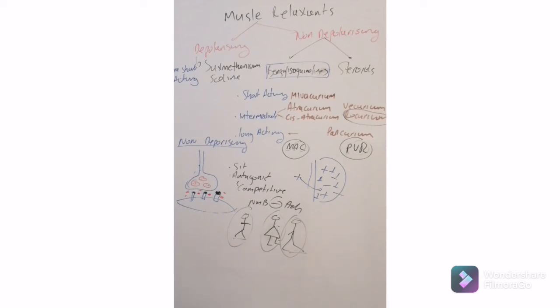What I'm saying is, this is the girl, the receptor. This guy, acetylcholine, wants to have a relationship with this girl and actually go on and marry her and have kids and all of that.